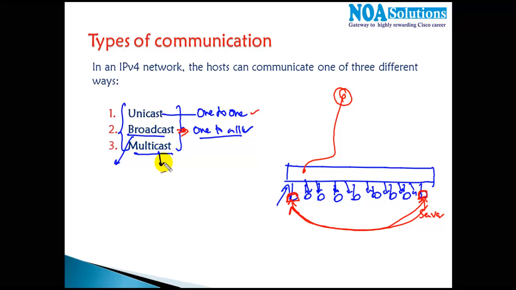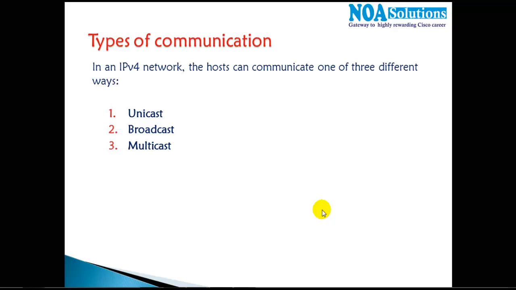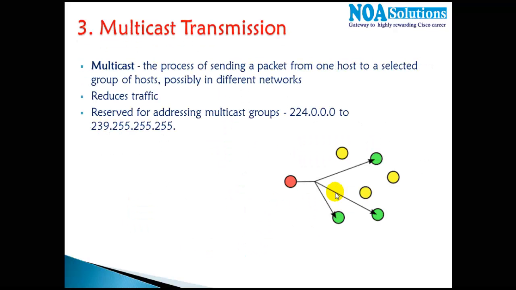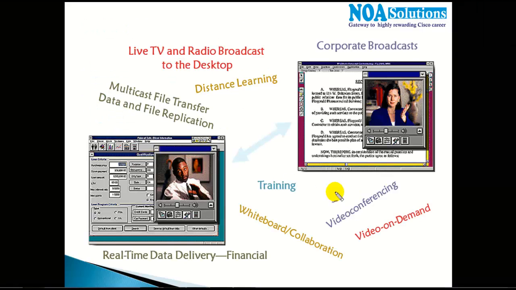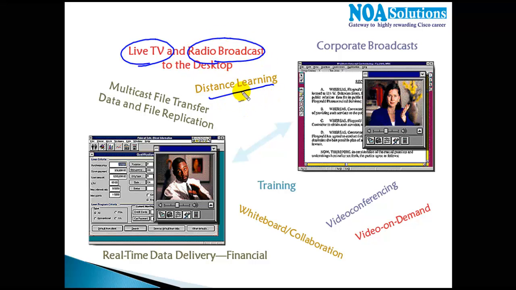And then there's one more kind of communication. We have something called multicast, one to a group, or one to many, where only a set of devices are involved in the communication. Take an example of live conferencing, live TV or radio broadcasting kind of applications, or distance learning, or video conferencing applications, or any training where we are doing some WebEx sessions.